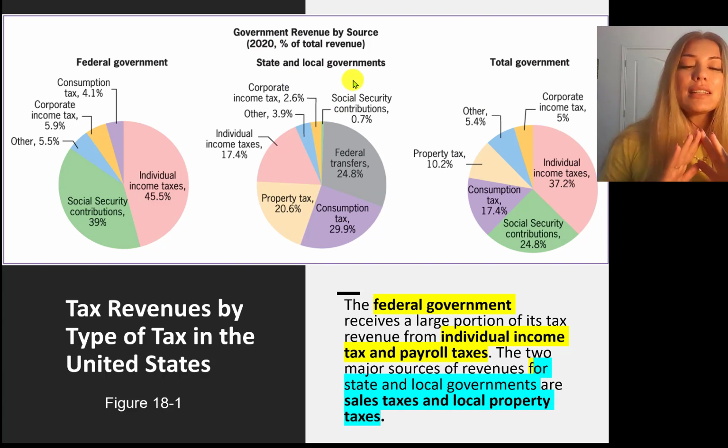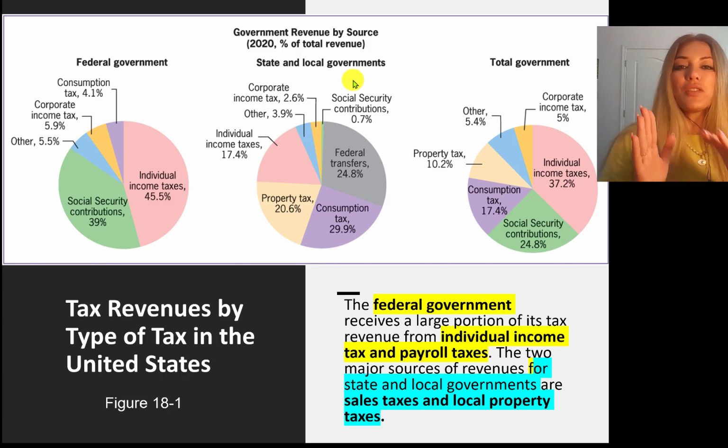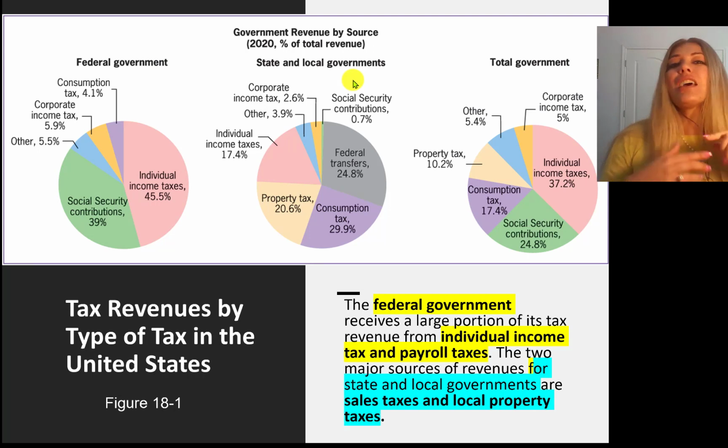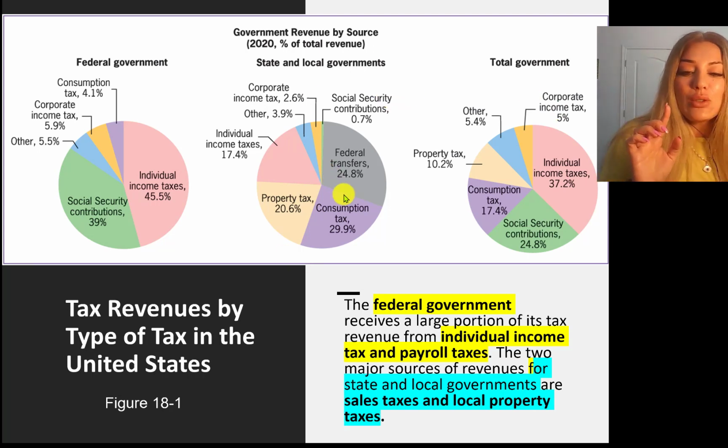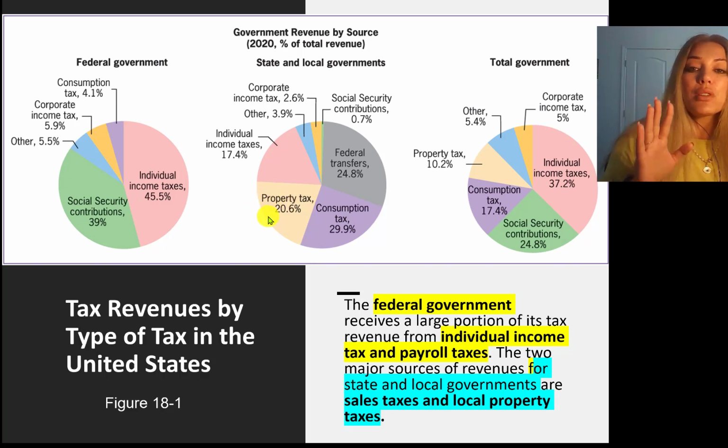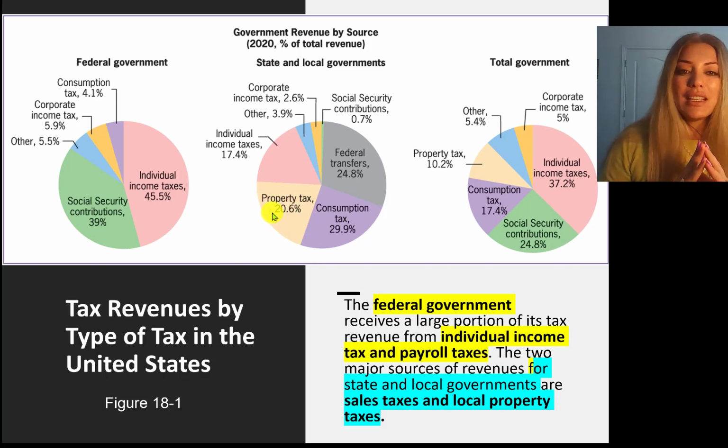If you look at state and local governments, we're talking about 50 states, DC, and also local governments, which are cities, towns, and so on. As you look at this, you see sales tax, consumption tax, about 30% of the local and state government revenues, and property tax makes up about 20-21% of the local state government income.